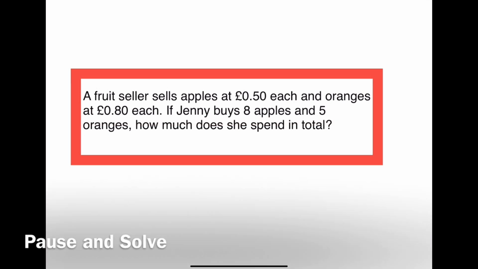A fruit seller sells apples at 50p each and oranges at 80p each. If Jenny buys 8 apples and 5 oranges, how much does she spend in total? Pause the video and solve.